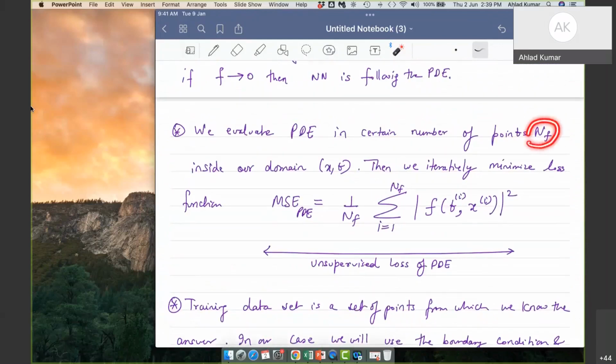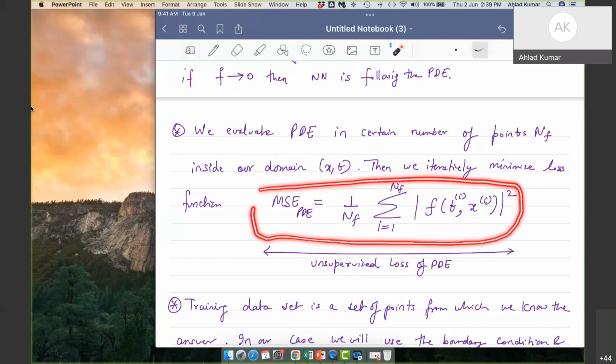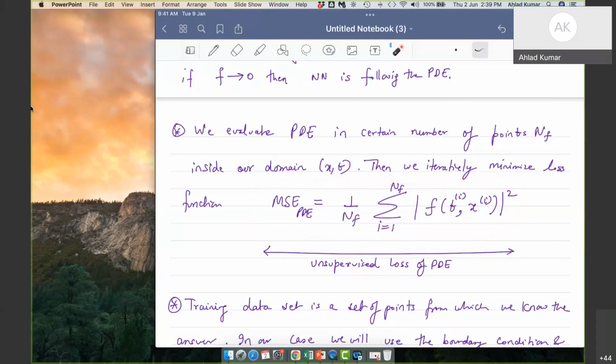You call these points Nf, and then you define one loss function like this, over all the points defined inside our domain.